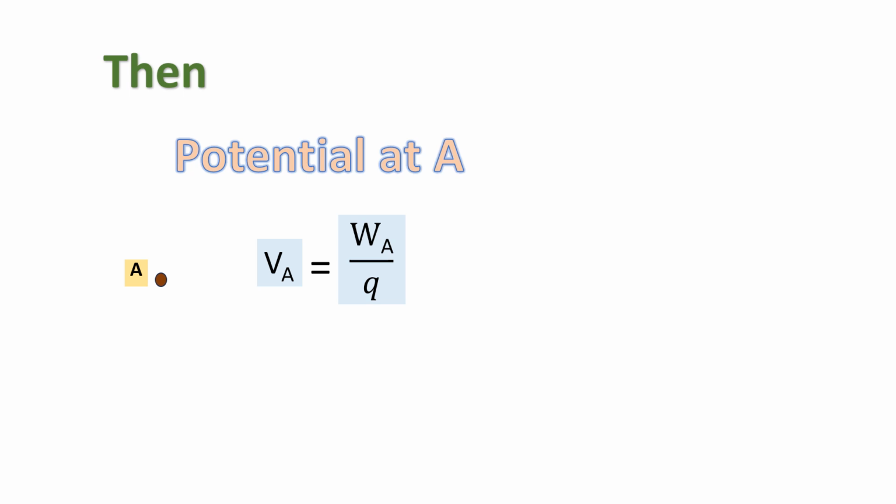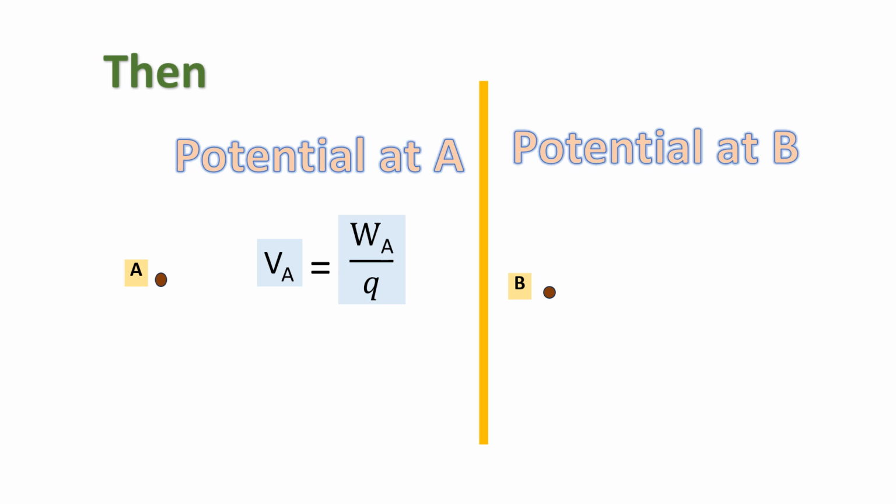The value of the charge is fixed. What about the point B? Potential at point B will be VB and the work done will be WB. It will of course be different from the work done for bringing the charge to point A. So it becomes WB, but the value of the charge is same, so WB over Q.